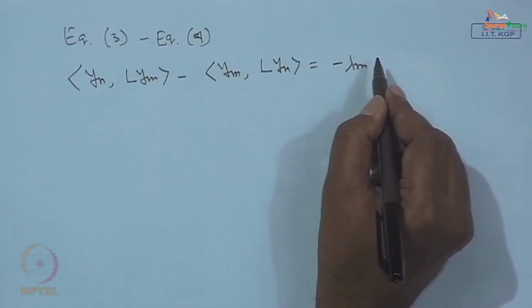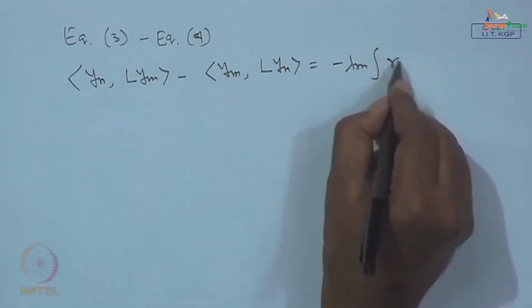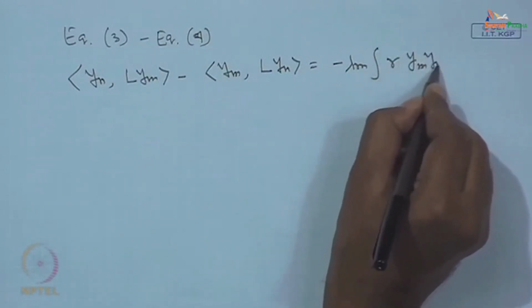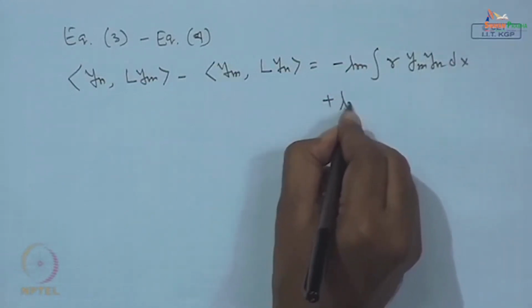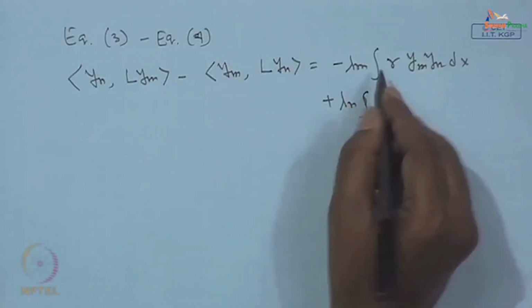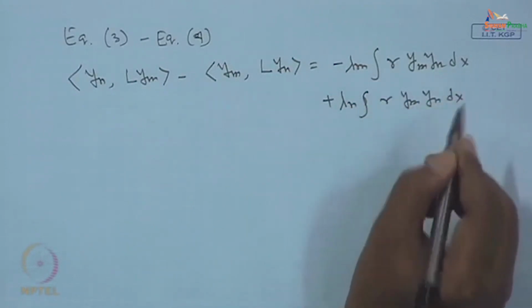The inner product of r ym yn can be written as the integral of r ym yn dx, plus lambda n r ym yn dx.